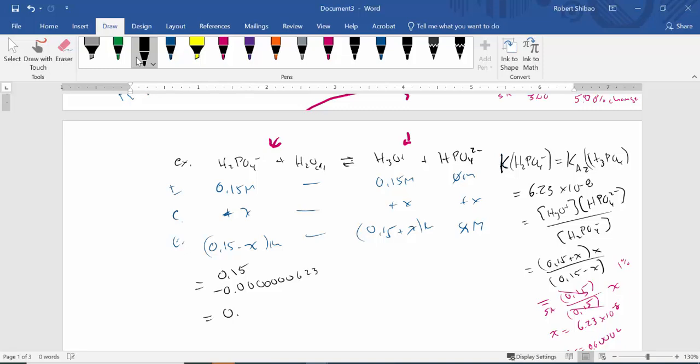So this is going to give me 0.149999, 5 nines, and then 377 molar. And then this is just going to be equal to 0.15, and then I'll need 5 zeros, 1, 2, 3, 4, 5, and then a 623 molar. And then my x is just going to be 6.23 times 10 to the minus 8 molar.